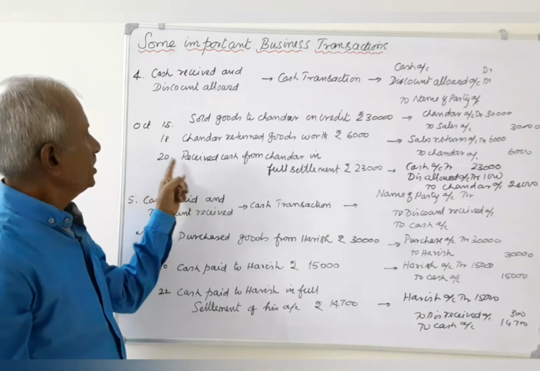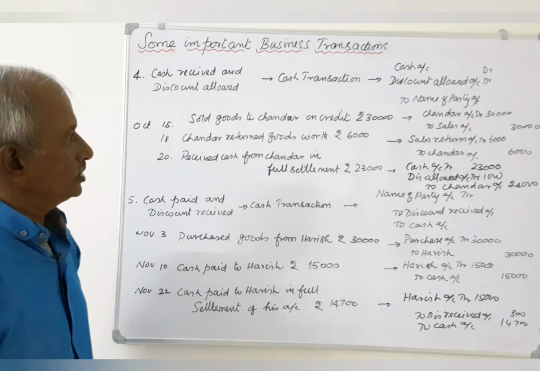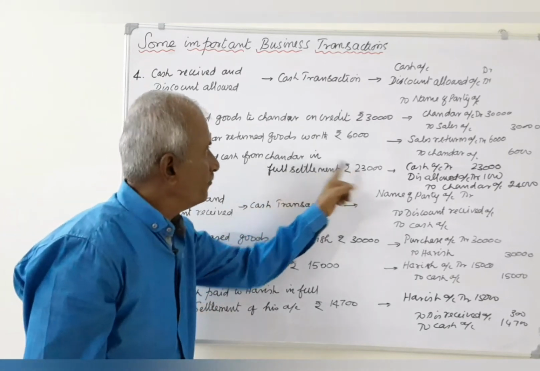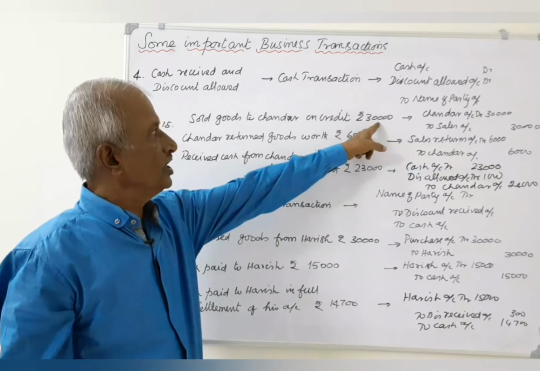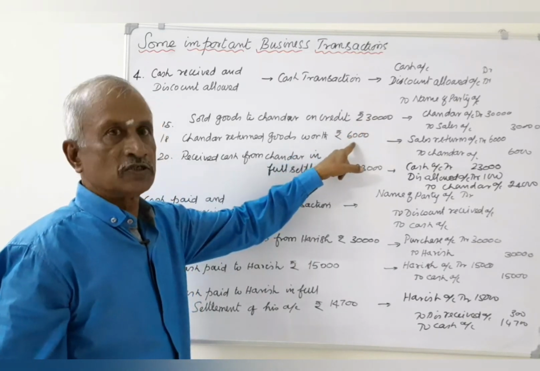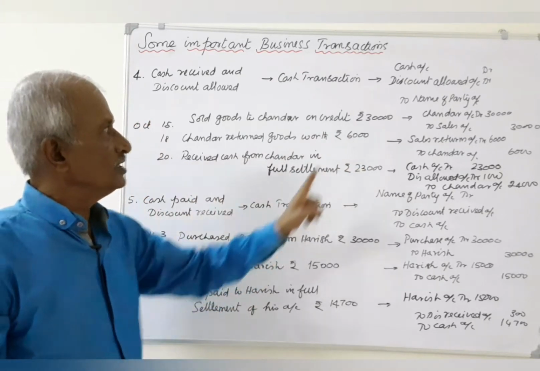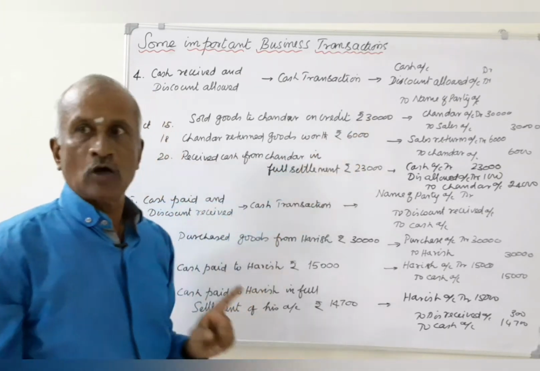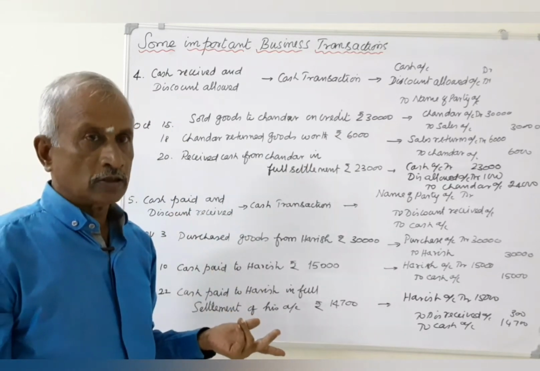Now 20th, received cash from Chandar in full settlement of 23,000. Sold goods to Chandar 30,000 and Chandar returned 6,000 worth of goods. So amount to be received from Chandar is 30,000 minus 6,000, 24,000. So what happened to the remaining 1,000?